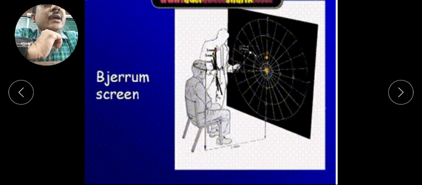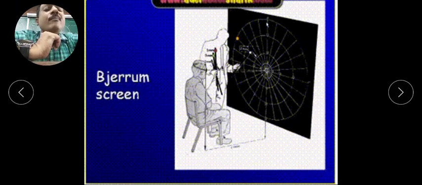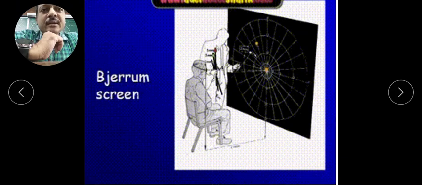This is 0 degree, then 10 degree, 10 degree, 10 degree, and the last isopter is at 90 degrees. 90 degrees is the maximum field of vision in the Lister perimeter using a 10 mm white object. The perimeter records the peripheral field, and the central visual field is recorded by the Bjerrum screen.